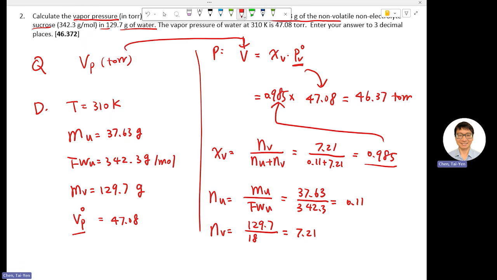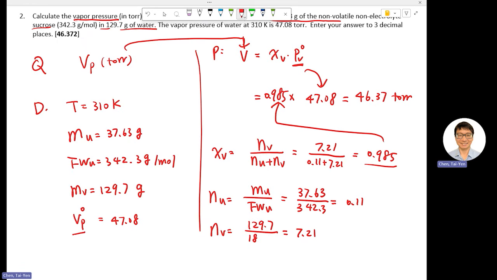So, recap. When we read this question, first you need to know the keyword is vapor pressure. Therefore, you know it is a colligative property. So you know the equation you want to use is the vapor pressure equals the mole fraction of the solvent times the vapor pressure of your pure solvent.